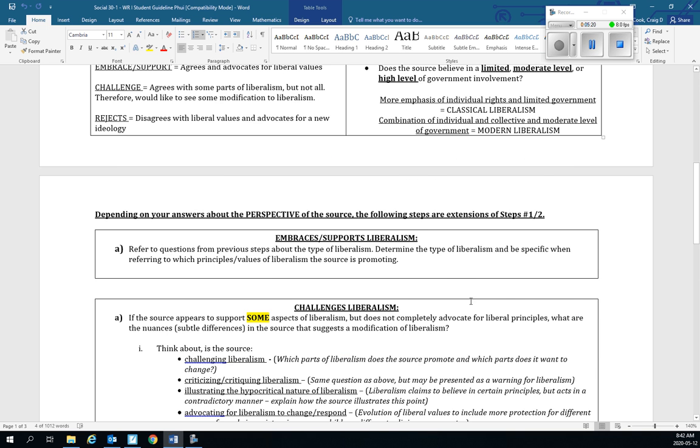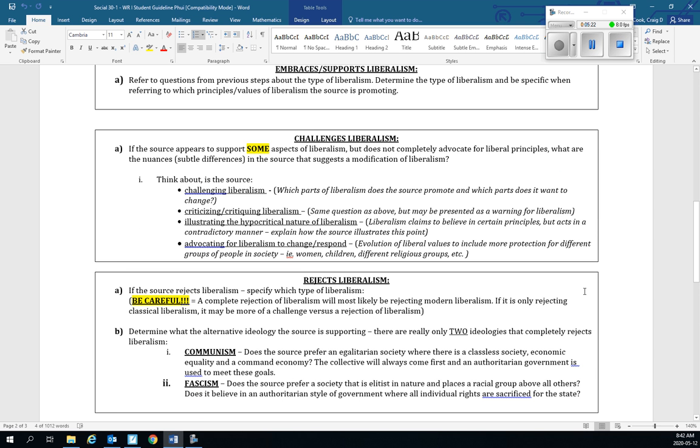In terms of perspective, you're looking at a quote that is clearly challenging liberalism. You know, liberalism needs to do more. We need to atone for mistakes in the past that were illiberal, to make sure that they don't happen again. So clearly, you have an individual who is challenging and even criticizing liberalism.